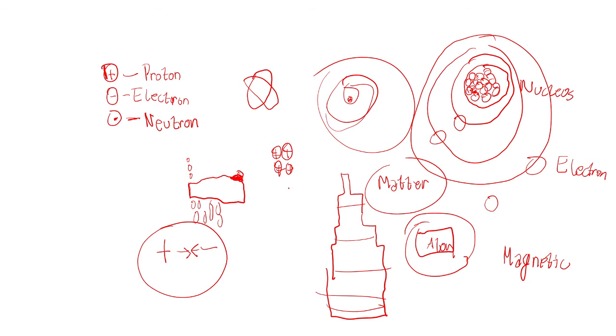The negatively charged particles would get attracted, but the neutron was blocking the positively charged radiations so that they cannot pass through to the electrons. So the neutron is a very important element in an atom.